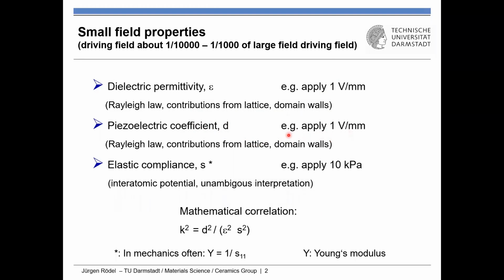When we do mechanics, we would consider the elastic compliance. We would apply maybe 1/1000 to 1/10,000 of what we usually apply. Usually we would apply 100 megapascals, or we would apply 10 kilopascals. Now the problem is you cannot write tens of publications, because it's actually very simple.